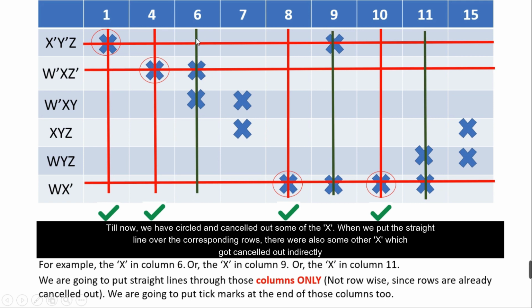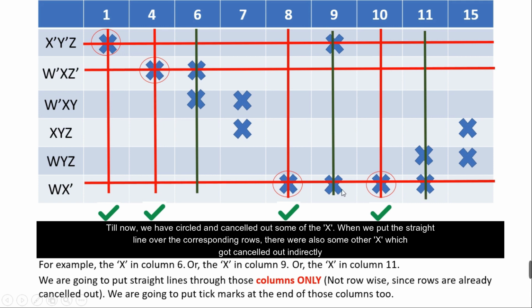Remember to put a straight line only through the column because the row was already done. All right, there's nothing to cancel anymore, so you can just put a straight line throughout the column. The same thing will be done for this 9th column, and the same thing will be done for this 11th column, because there were some x's which were cancelled out indirectly.